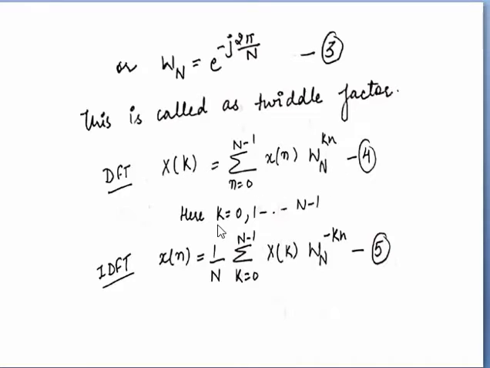Here again k is equal to 0 to N minus 1 and the range of n also remains the same, 0 to N minus 1. And the formula of IDFT, inverse discrete Fourier transform, is x of n is equal to 1 by N summation k from 0 to N minus 1 of X of k twiddle factor raised to power minus kn, equation number 5.